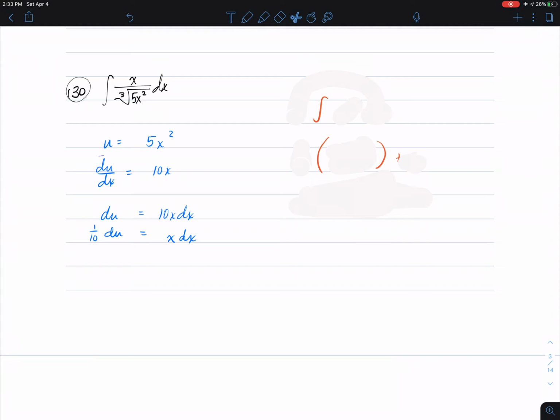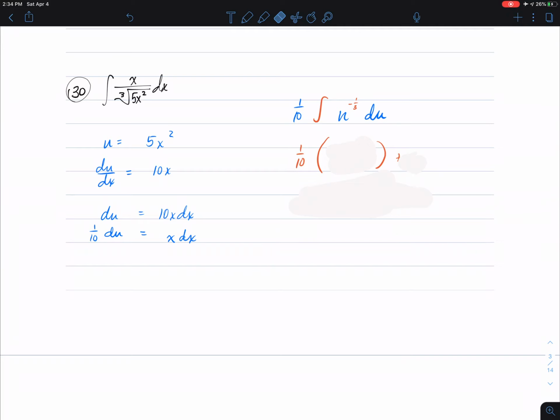So using this piece first, let's go ahead and substitute. And that's going to be a u to the negative 1/3 power, moving it to the top there. And then the second piece, that x dx part, let's replace that with the 1/10 du. Again, constant multiplier can always be rewritten out front. So I have my 1/10.